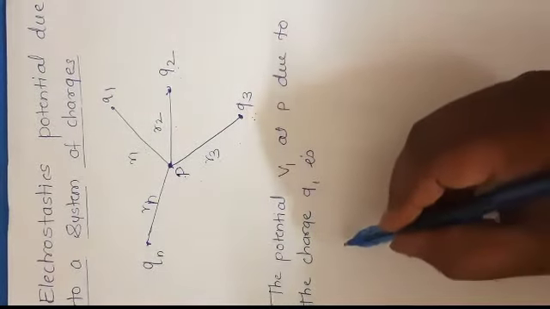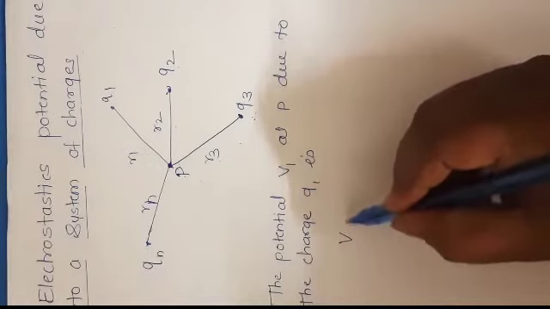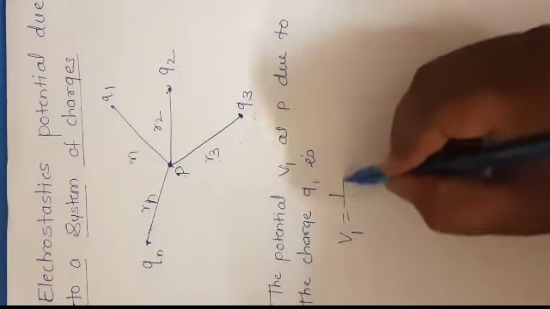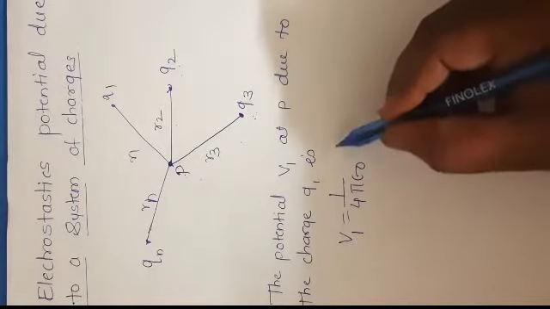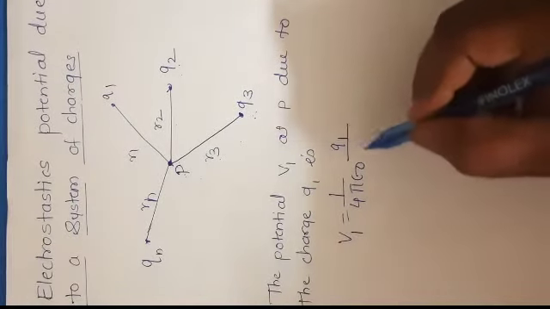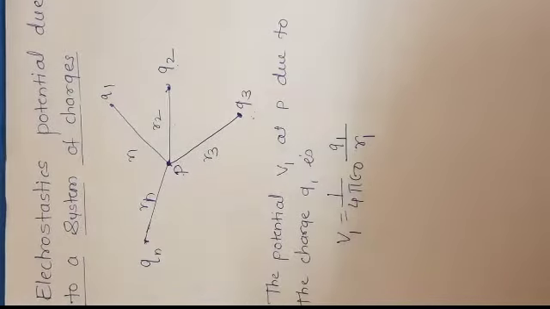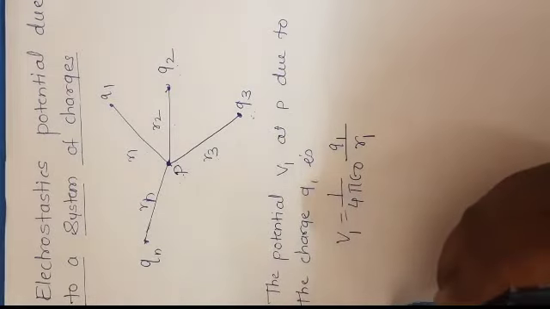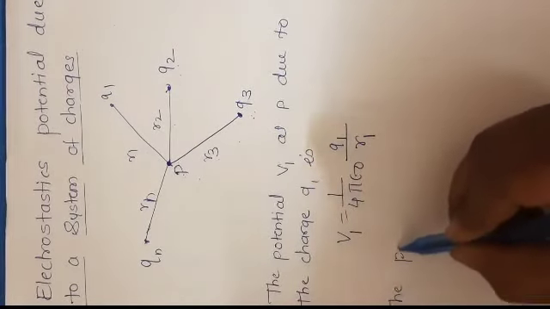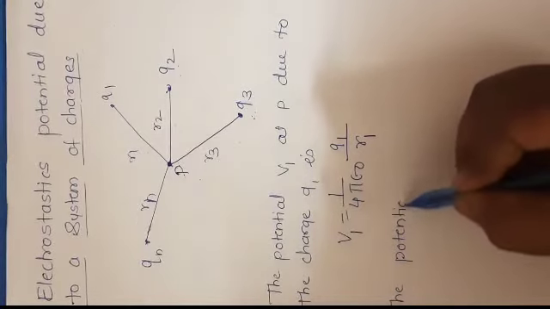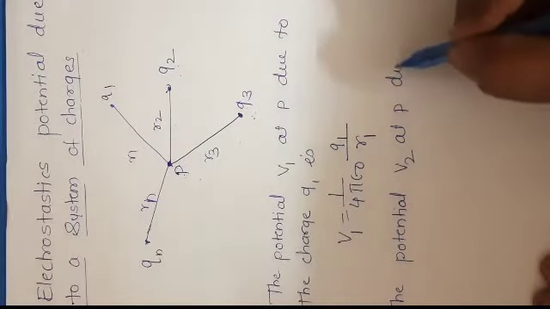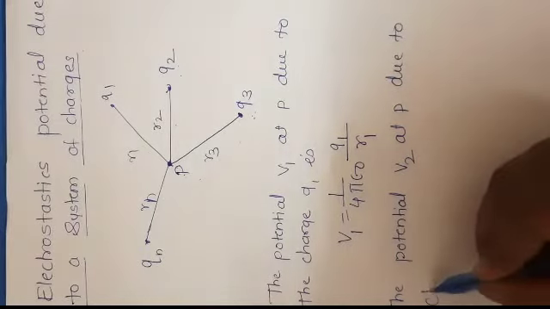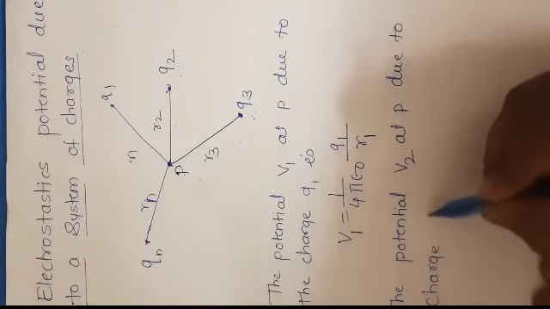The formula for the potential V1 is 1 upon 4 pi epsilon 0, q1 upon r1, where the charge q1 is situated at a distance r1. Next, we calculate the potential V2 at P due to charge q2.